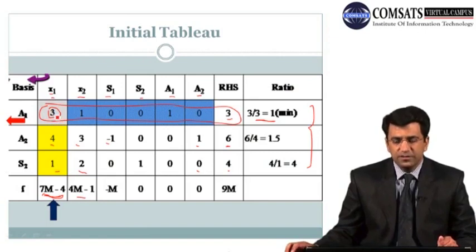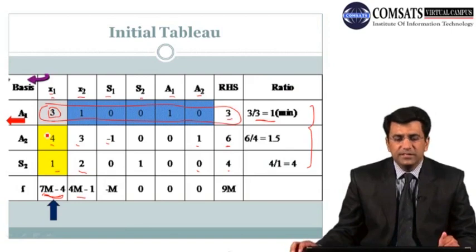Another important thing in this tableau is to identify our leaving variable. Now class, as you have identified that this particular row is your pivot row, the corresponding basic variable will be our leaving variable. So in this particular case, A1 will be our leaving variable. And what is meant by entering variable and leaving variable?